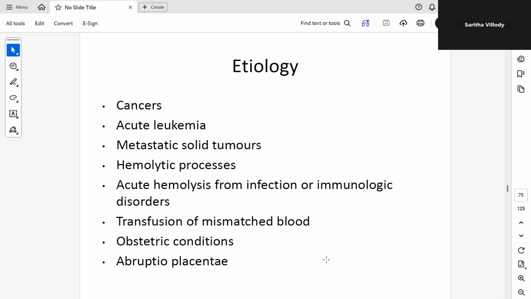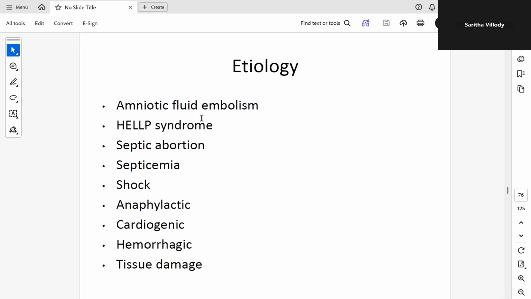Etiology, if you look at it, a lot of complications or disease conditions can cause this complication. Like any type of cancer, patients are at risk for developing DIC. Any hemolytic process, patients are at risk for DIC. Transfusion mismatch, gynecologic conditions like abruptio placenta, amniotic fluid embolism.